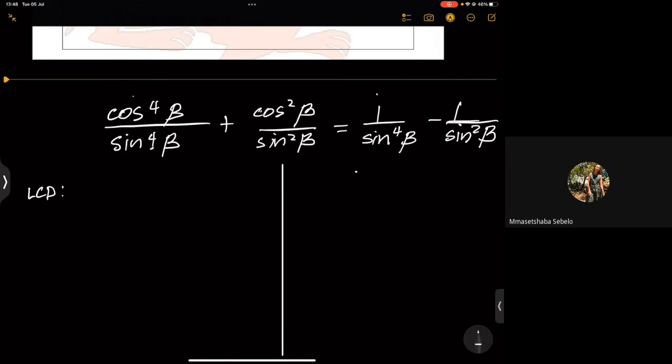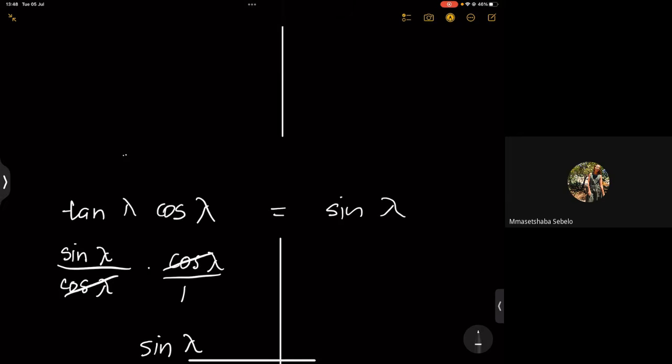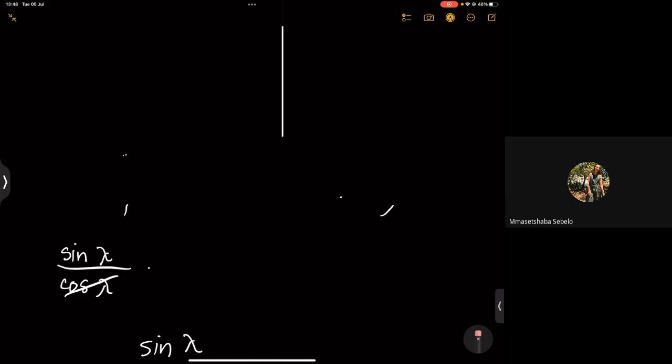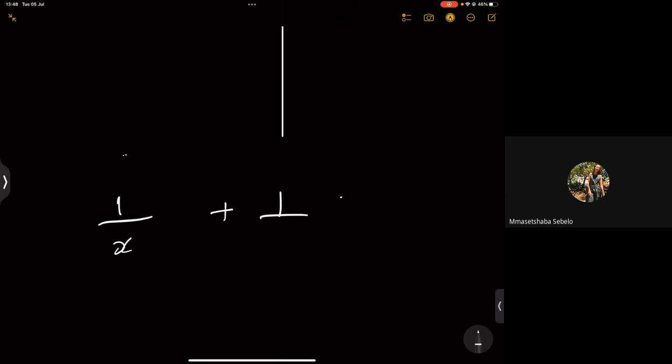Now, just taking you through, and by the way, this is a lesson for all of us, because I know this is one of those things that people don't remember very easily. So if I have 1 over x plus 1 over x squared, and I'm looking for the LCD, you'll always take the one with the higher power as your LCD.